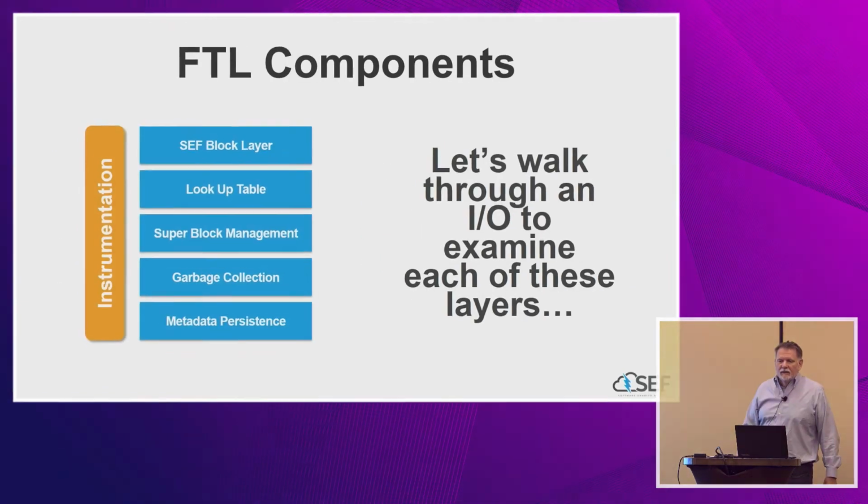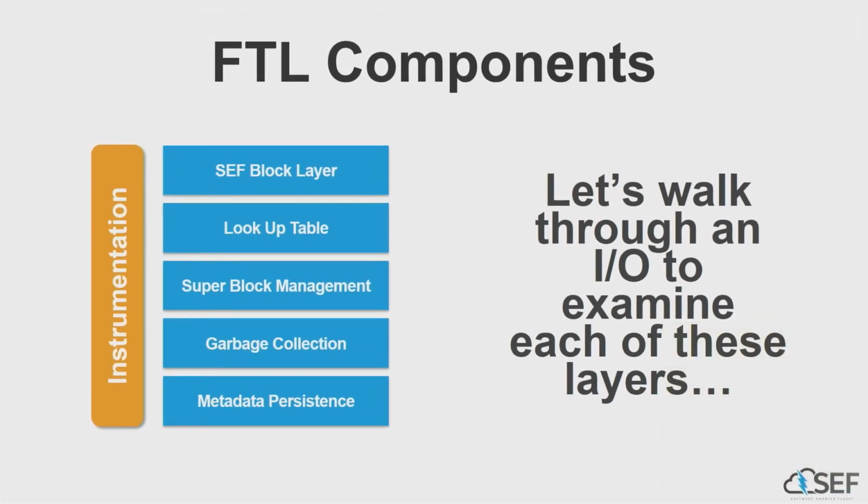All right, so the components of the FTL in a little more depth, and what happens as an I/O traverses through the system. At the top level of the FTL is what we call our block layer. The block layer provides a block interface to applications. The block layer interfaces with a lookup table, which performs that mapping from logical block addresses to physical block addresses.